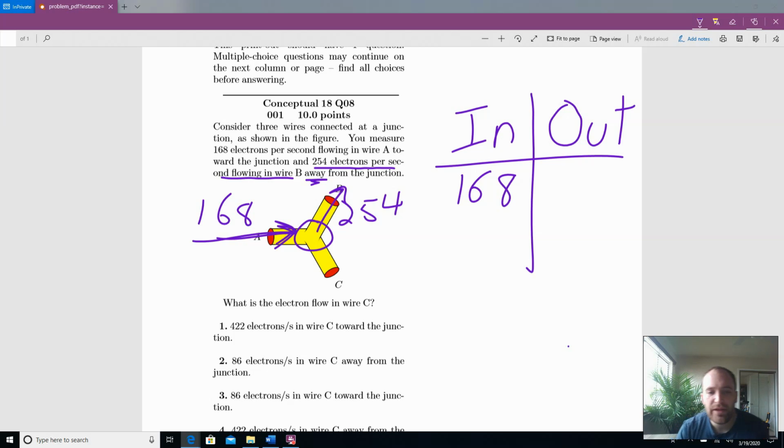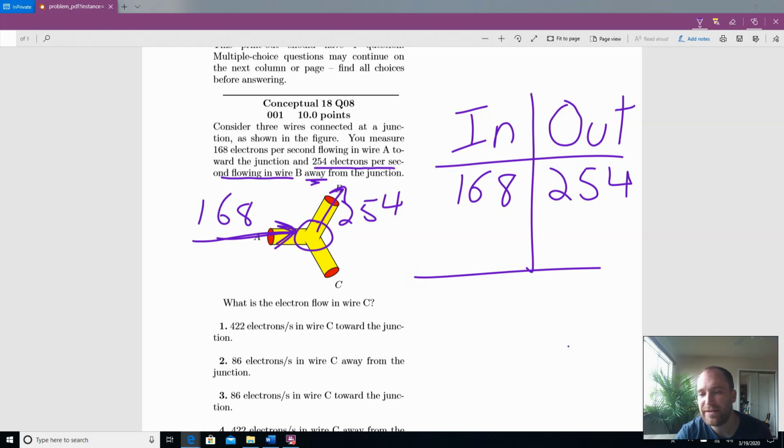And then through wire B, I think we've got 254 electrons per second coming out of it. So I would say, again, that's electrical current, or electrical charge that is going out or away from the intersection. And again, these two columns have to be equal to one another.